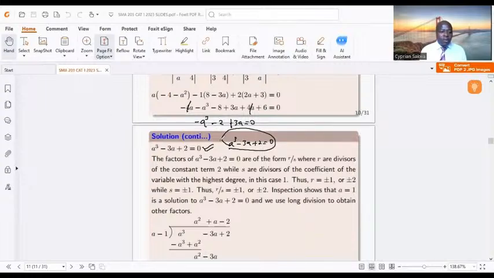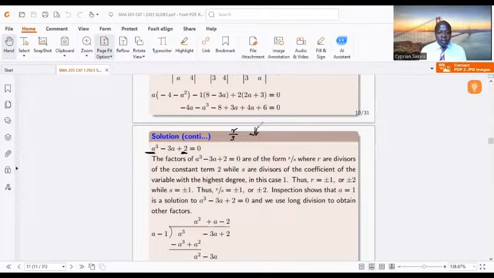To factorize this equation, we look at the coefficient of the unknown with the highest power, and then the coefficient of the constant. So the root to this equation is likely to be r over s.